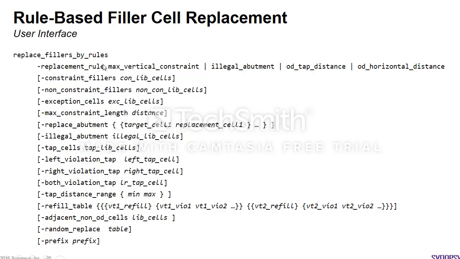This is the first, most important part: which rule you want to add for the tool to replace feeders, and the others follow up from your replacement rule. Later on we will have a detailed introduction for this part.